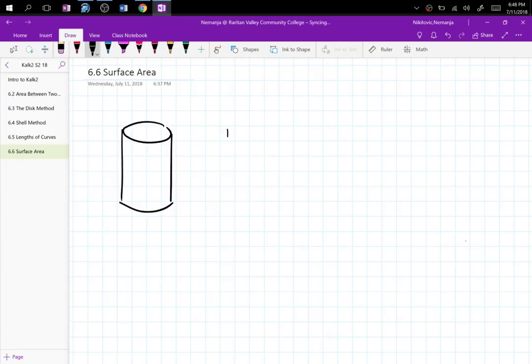So the area of this cylinder would just be the 2 pi r, which is the circumference of the base, times the height of the object.